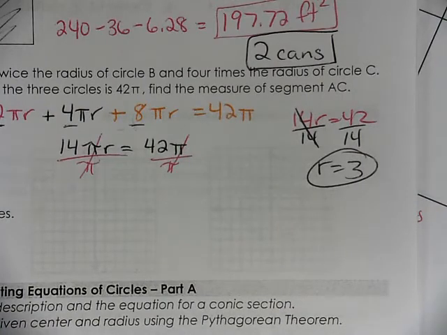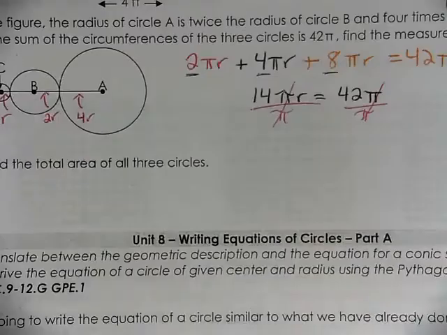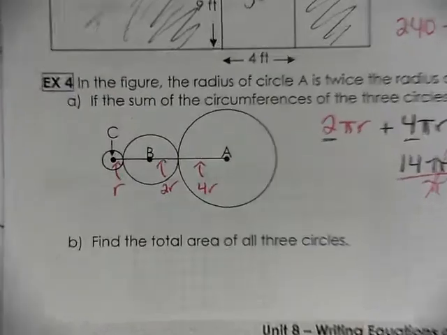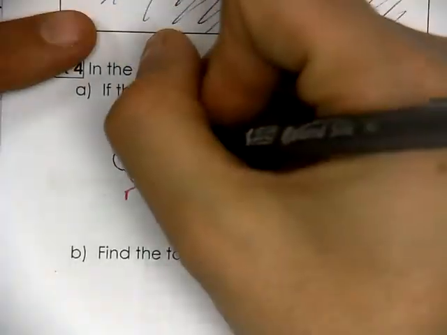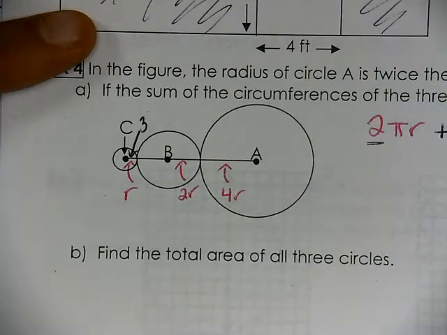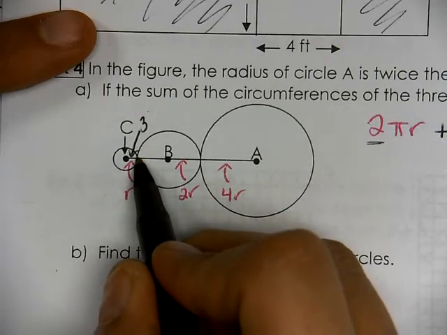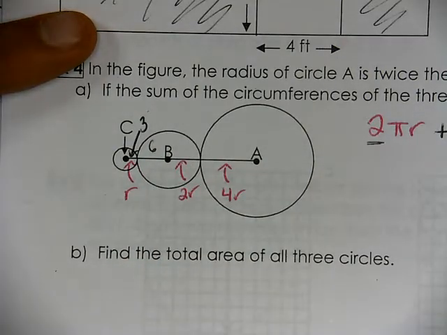Okay, we're not done though. The question says, how far is it from A to C? If the radius is 3, that means right there is 3. From the outside of this circle to B is 6, because it was double.